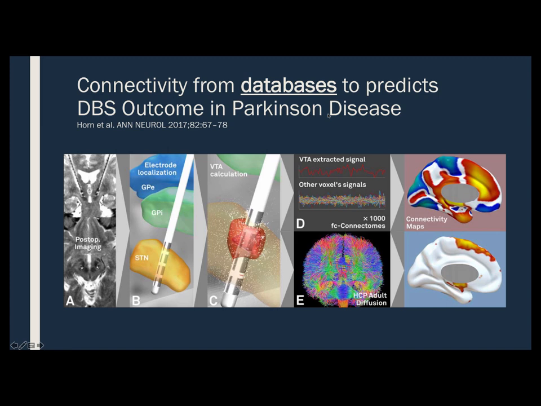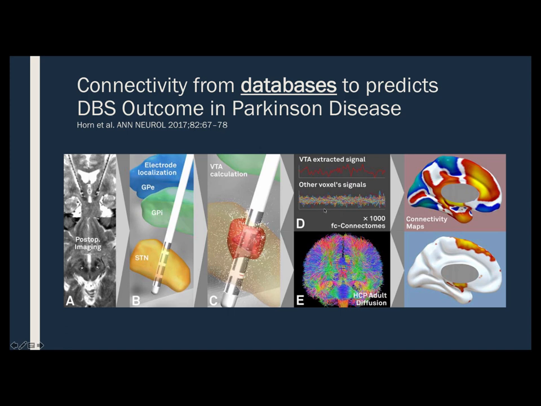There are, I would say, two different approaches to assessing DBS. What I'm showing here is a study done by Horn, from the group of Michael Fox at Harvard. They base their studies on data from databases. They use the Human Connectome Project for the diffusion data and the resting state.